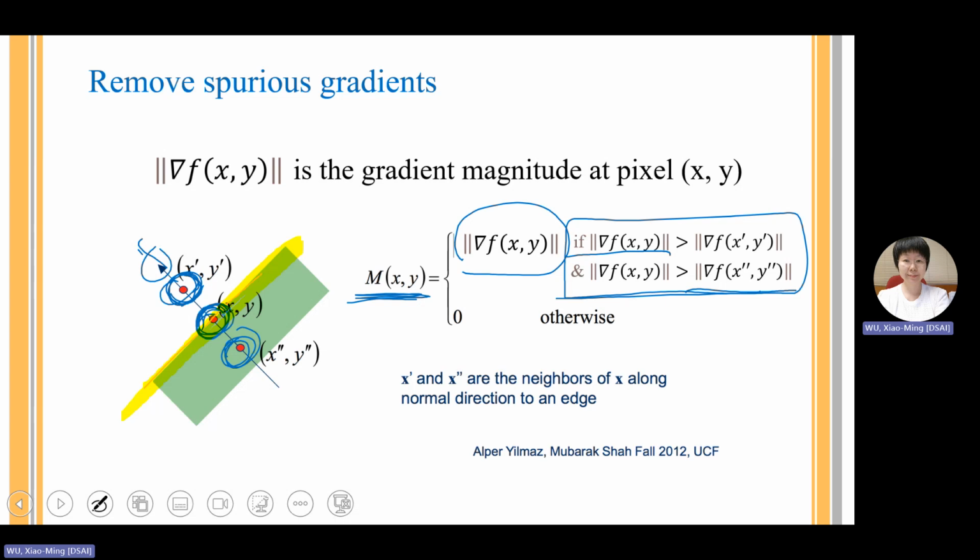Otherwise, if its gradient is lower than this, then we set its gradient to be 0.